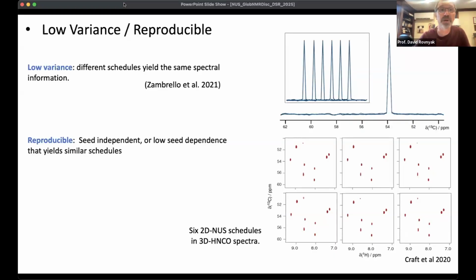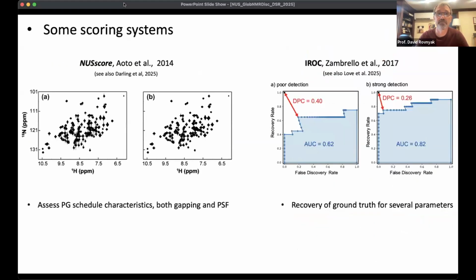Reproducibility is related, but you might notice some distinct concepts here. So reproducibility can be seed independent or low seed dependence. There are some scoring systems to help us with this how-do-I-know part of the process. And granted, these are being used more often by specialists, but nonetheless, I chose two that are experiencing active development.